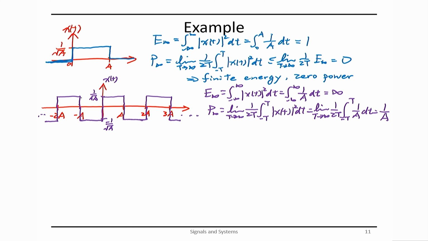Okay? So you can see here that this signal has finite power. This is a finite power signal, but it has infinite energy. Okay? So this is an example of a signal with finite power but infinite energy.